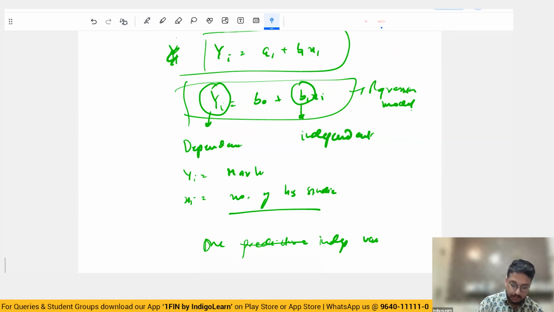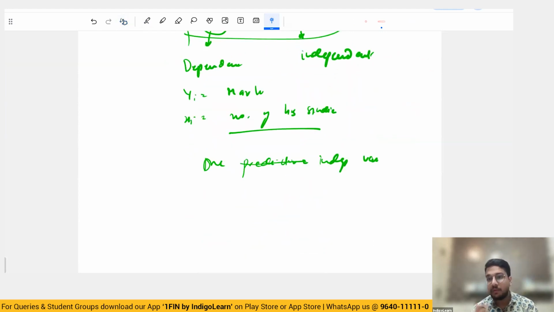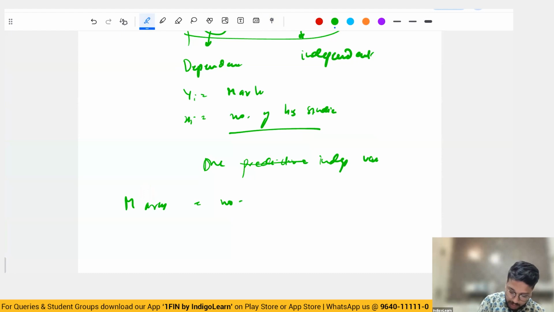But let's say I'm building a model using multiple variables. For example, I'm saying that the marks which you're going to get in the exam are not only dependent on the number of hours that you've studied, but they are also dependent on the sleep which you're getting, the nutrients which you're taking.